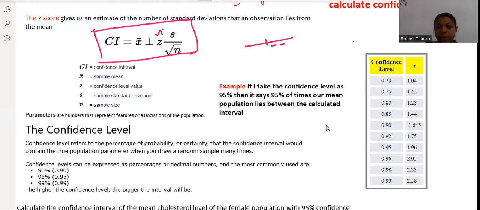It means that, for example, if I consider the confidence level as 95%, then 95% of the time, our population mean, mu, will be lying between this lower limit and the upper limit. So I say that 95% of the time, my population mean will be ranging within this lower limit and upper limit, and that is calculated based on the mean of the sample.